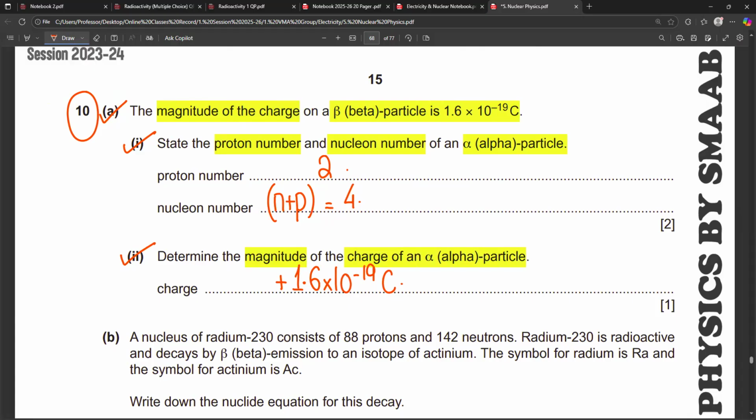We also discussed this value in the electricity section. In electrostatics, we studied that the charge of one proton and the charge of one electron are the same. Only there is a difference of positive and negative sign. Otherwise, they have the same values.